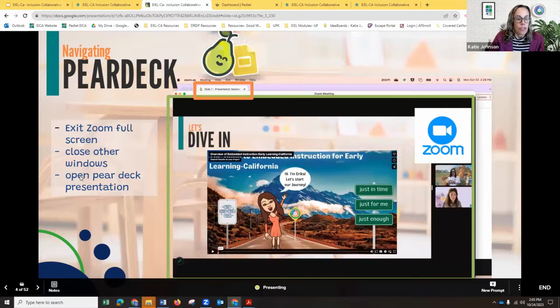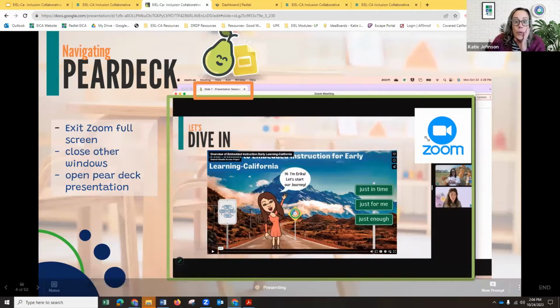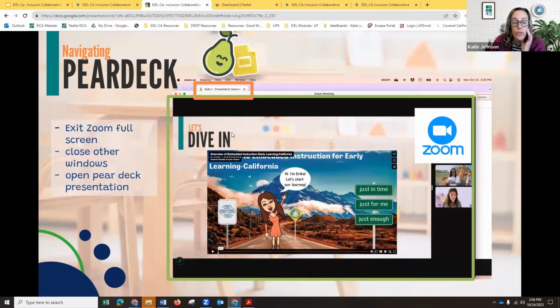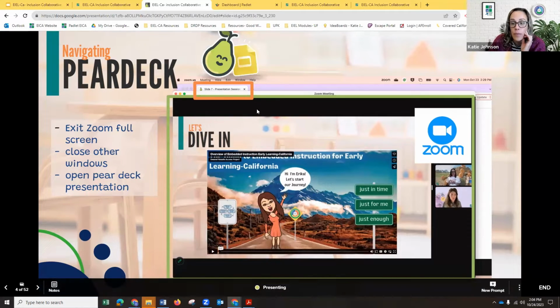Okay. So some tips, if anybody's doing Pear Deck on a laptop, or if it's a smaller screen, you'll see that there's a window that I'm presenting from, where you're able to see Zoom, and then you'll see your own Pear Deck window. So what we do recommend is, if you're on Zoom, which we all are, if you press escape or exit full screen, then you have a little bit more flexibility to move between the Zoom screen and your Pear Deck screen.